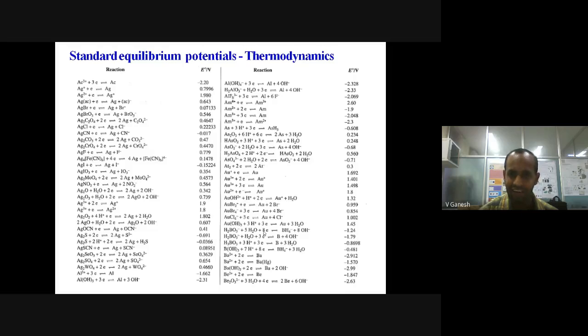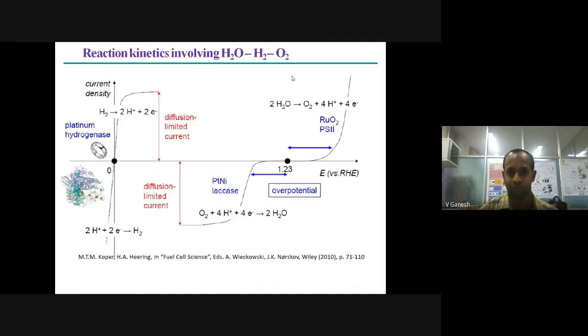Now this is what I was talking about, the EMF series yesterday. Depending upon the potential value, you can decide which one could be used as an anode and which one could be used as a cathode. For that, the thermodynamic potential value of water splitting becomes very, very useful.